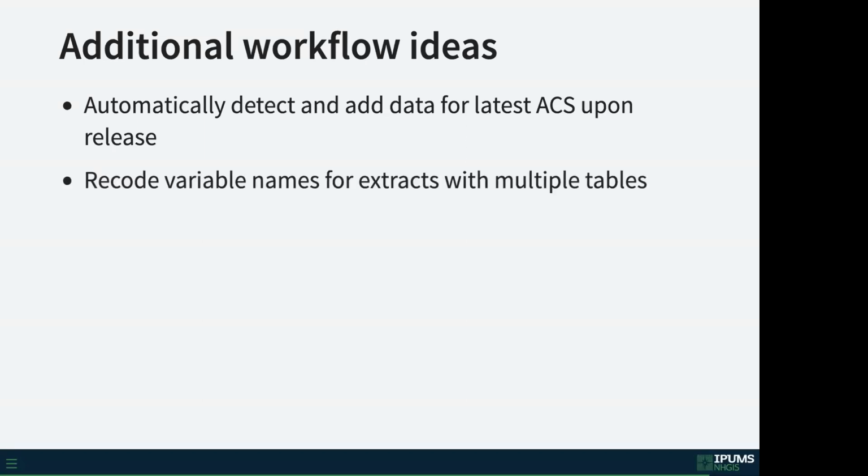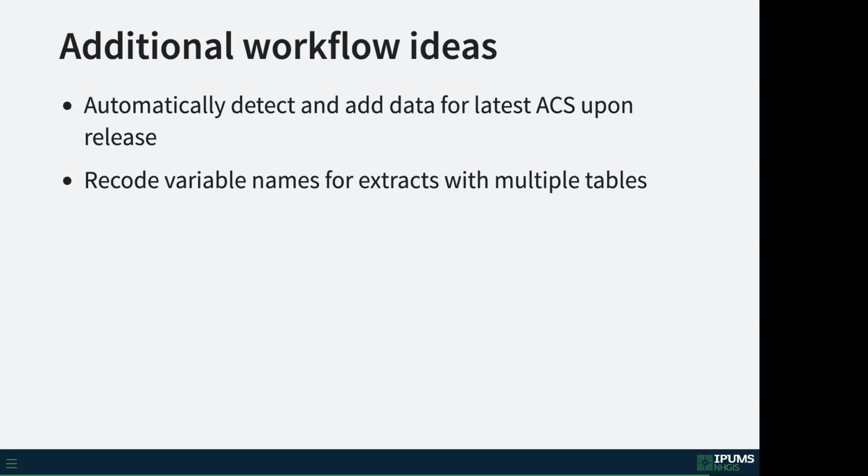Another idea to make things a little bit more flexible is to dynamically recode variable names. As I mentioned earlier, the variable names can be kind of esoteric, and especially if you're iterating over many data sets, you might end up with a lot of different variable names.